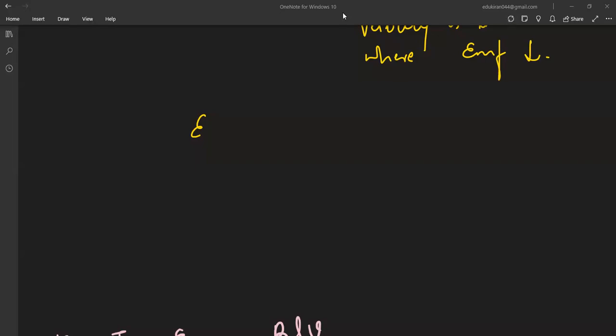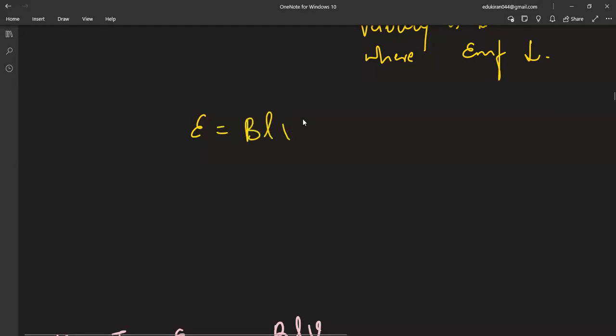Some books write BA cos theta, and some teachers teach BS cos theta. I use both anywhere. Sometimes I do not remember which I started with. It doesn't matter, because ultimately you require the area, the surface area. So use A, S, any alphabet, it has to be area.